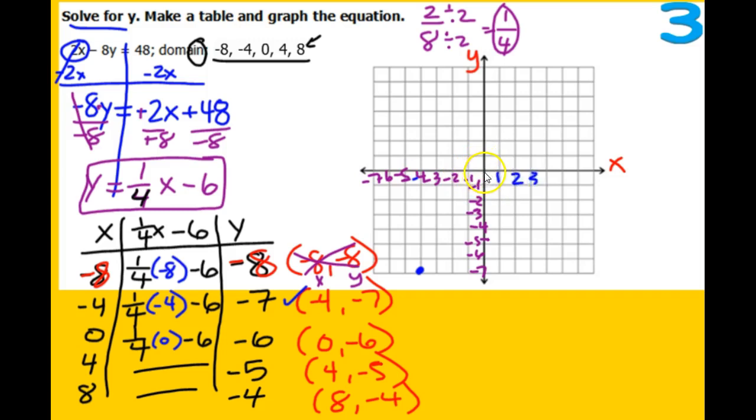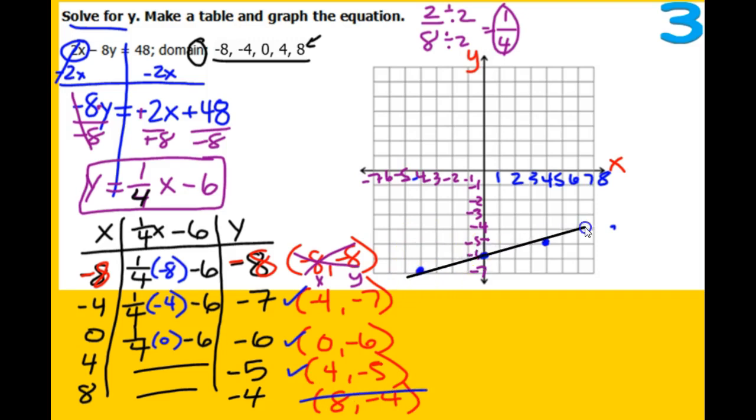We're right in the middle, and then negative 6 is down 6. Then x is 4, 4 to the right, and down 5. And then last 8. 8 isn't even on our graph, but we would be down 4. If you wanted, you could plot it, but it doesn't really fit.